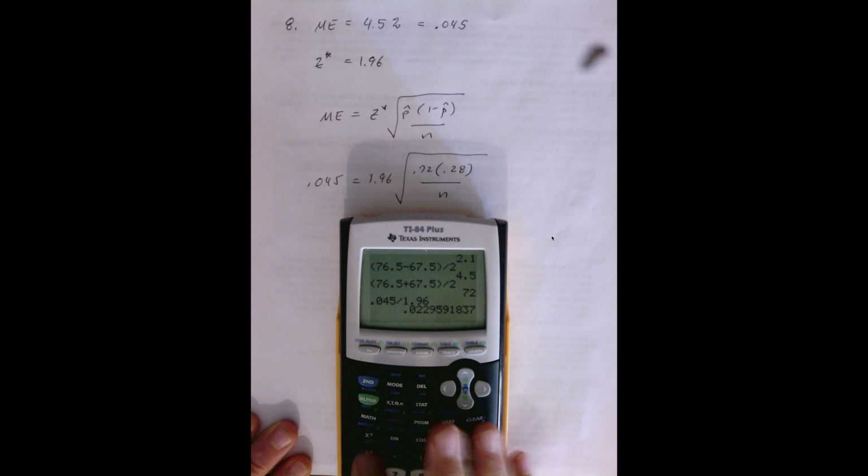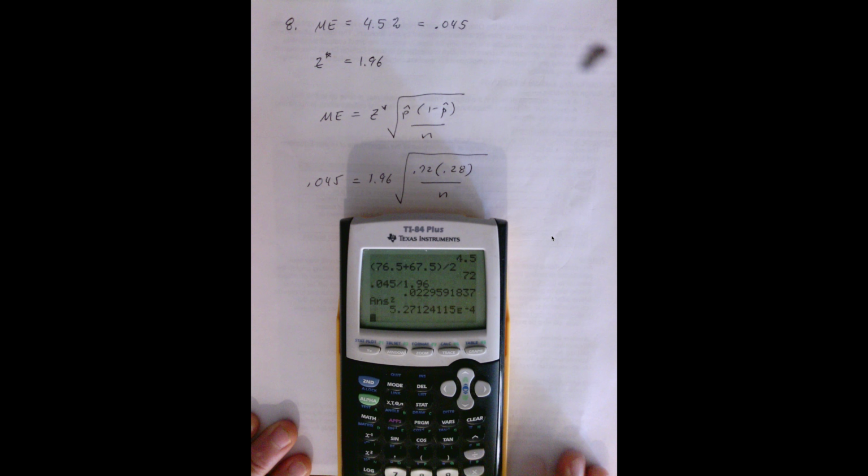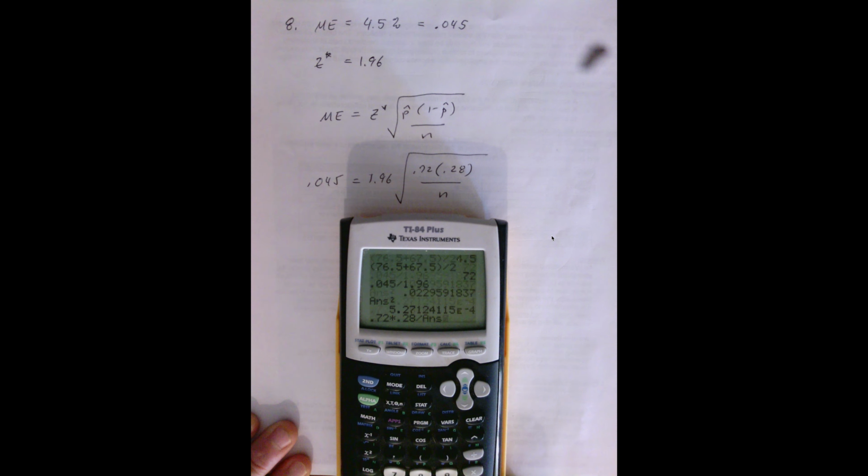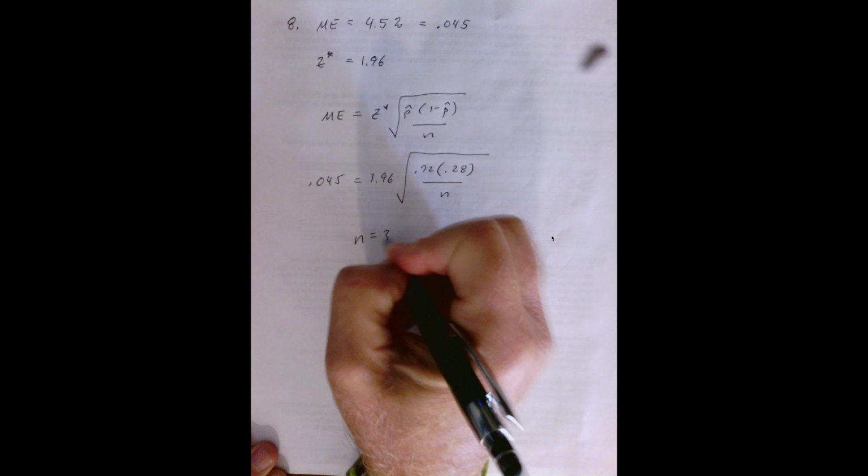And then I'm going to take 0.72 times 0.28 divided by the answer. Round up, 383. I'm telling you, man, I am working on absence of coffee this morning, and I'm struggling.